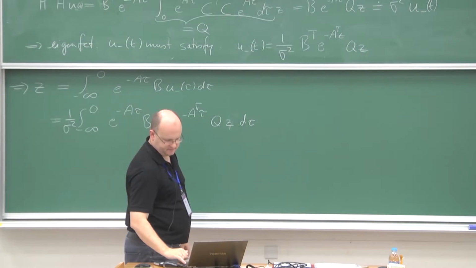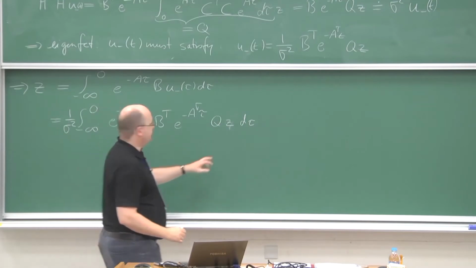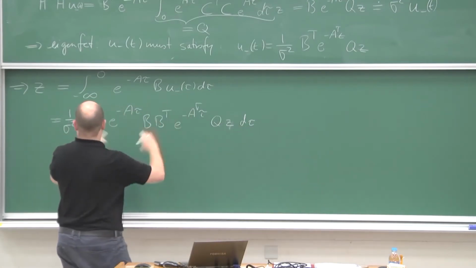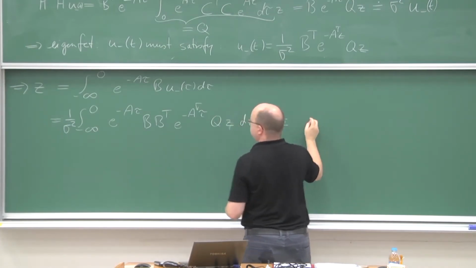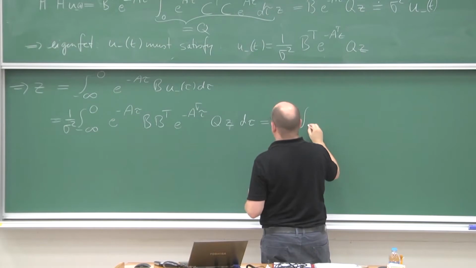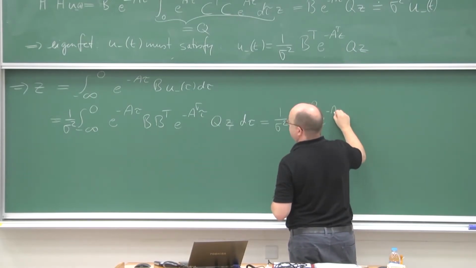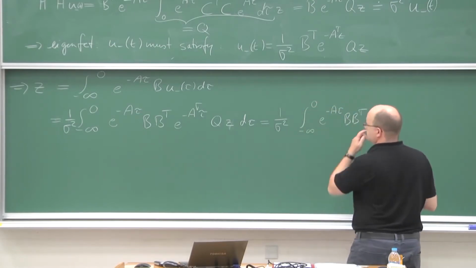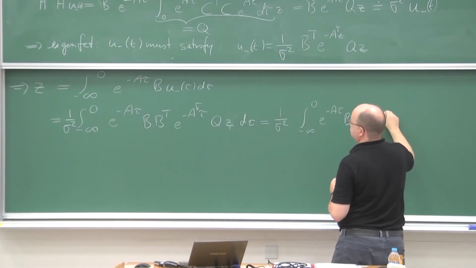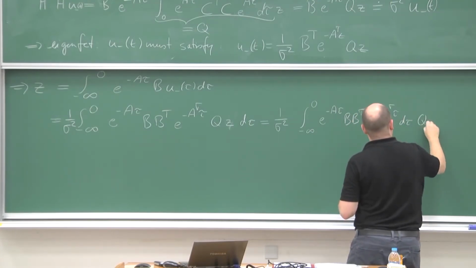Okay, and we are almost done. So we can pull out the Qz to the right. That's 1 over sigma squared, integral from minus infinity to 0, e to the minus A tau B B transpose e to the minus A transpose tau d tau Qz.